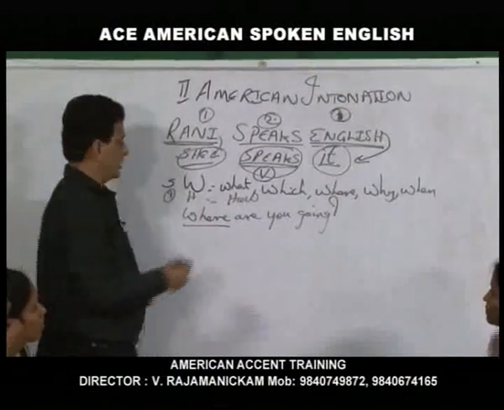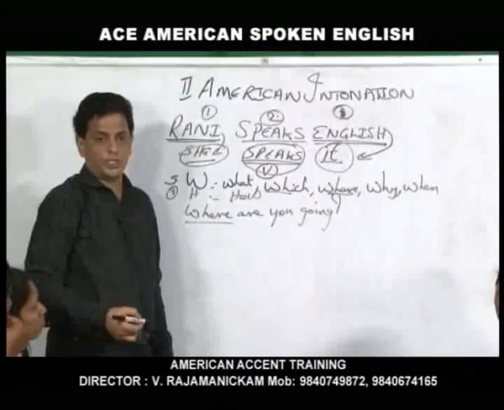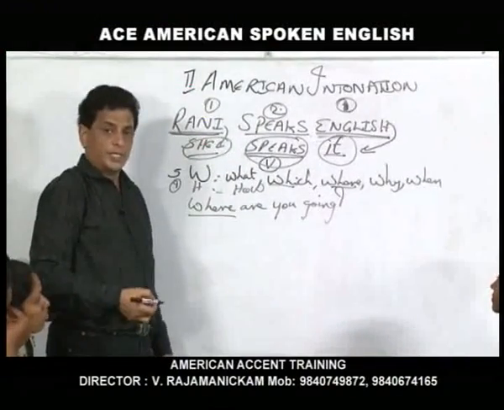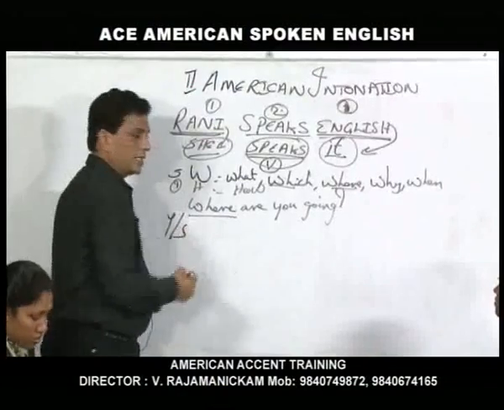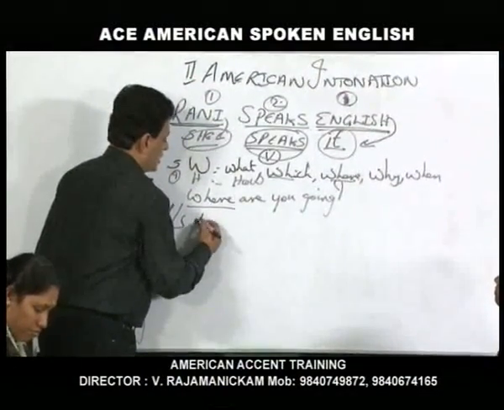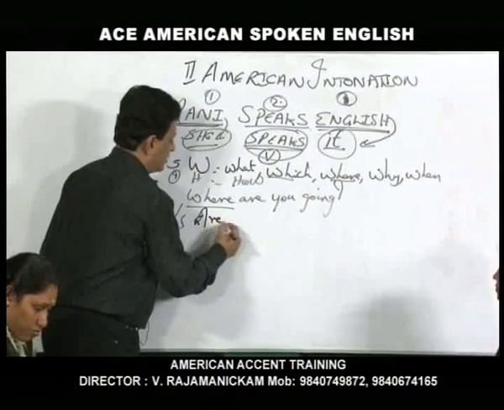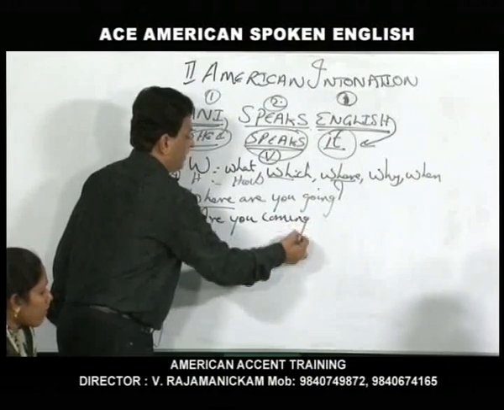For example, where are you going? So which word will you be stressing more? Where. You should stress on where. So these words should be stressed more in a sentence if you find these words more than the noun.